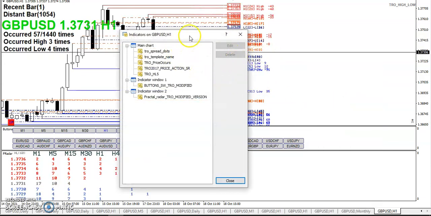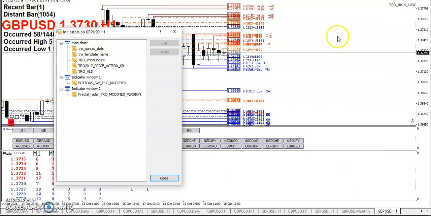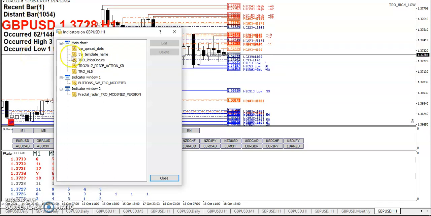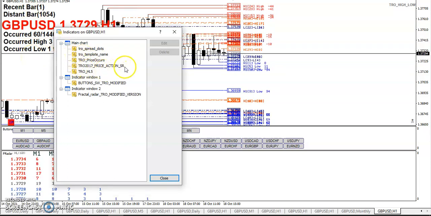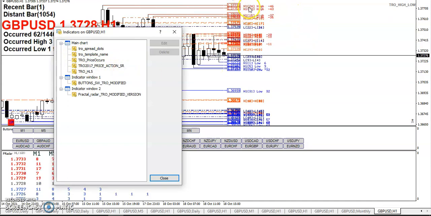The spread dots just will put the bid and the ask. Template name, price occurs. That's just this display right here. Then I have the TRO 2017 price action support resistance, and it'll show the highs when they repeat, or when a high becomes a low or a low becomes a high. And it'll also show support resistance, but we're not talking about that at the moment.